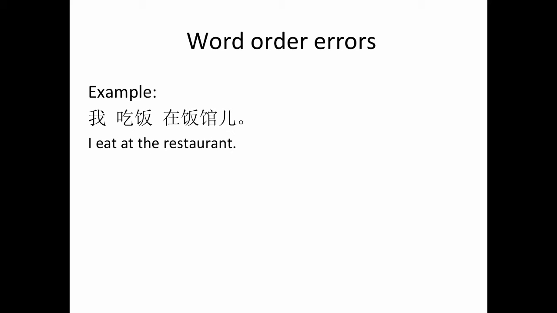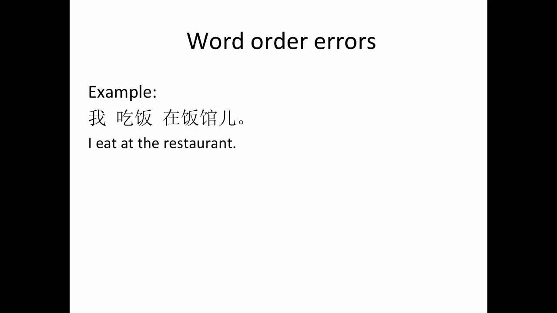Next is about the word order. Let's look at one example. 我吃饭在饭馆。吃饭 is the word plus object. 在饭馆 indicates the location.